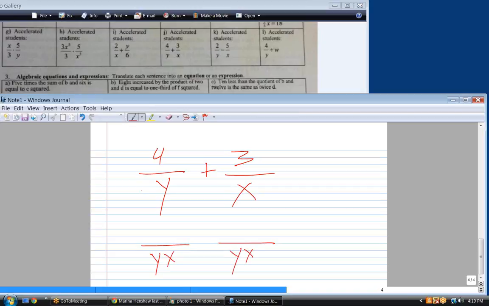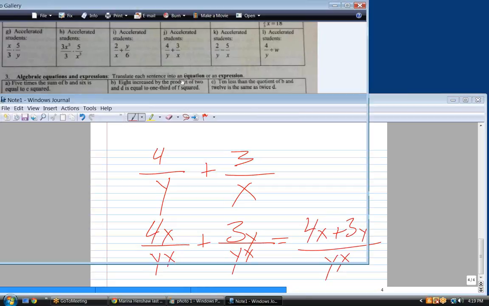So what is the numerator going to be on the term on the left? 4x. And the term on the right? 3y. So our answer? 4x plus 3y over yx. Very good. You do know how to do all of those. Okay, just checking.